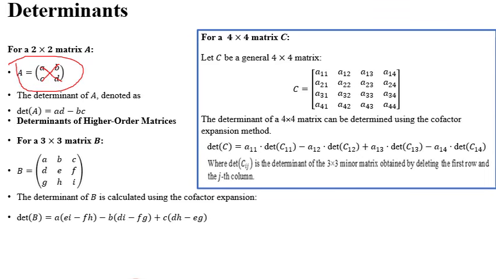So it will be AD minus BC. So that gives you the determinant of matrix A, as A is a 2 by 2 matrix.